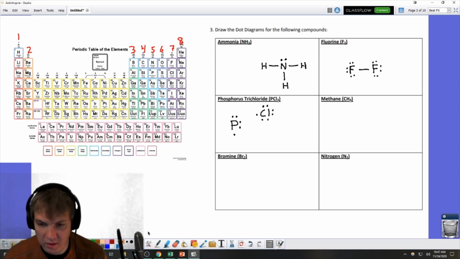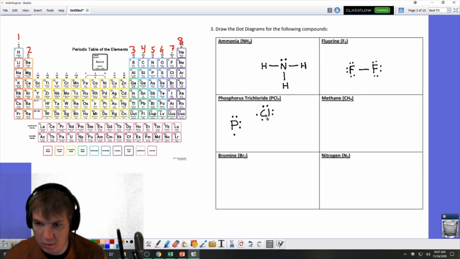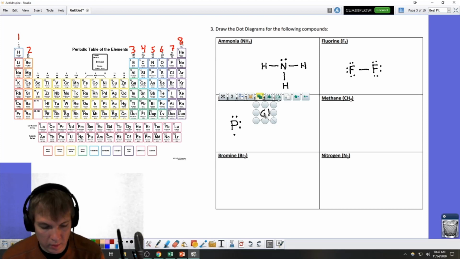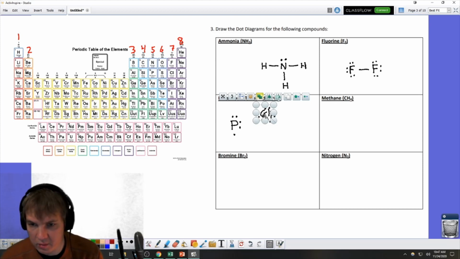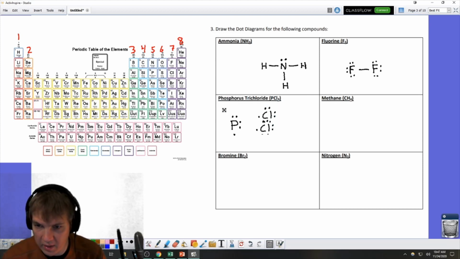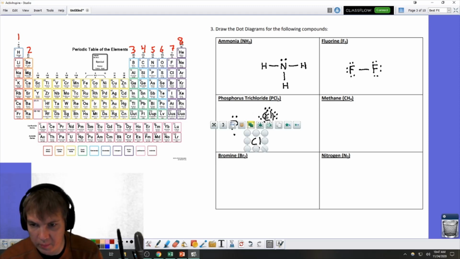And let's see if I can just copy and paste this. I'm just going to copy and then paste. Let's see if I can move that. And then paste it one more time.